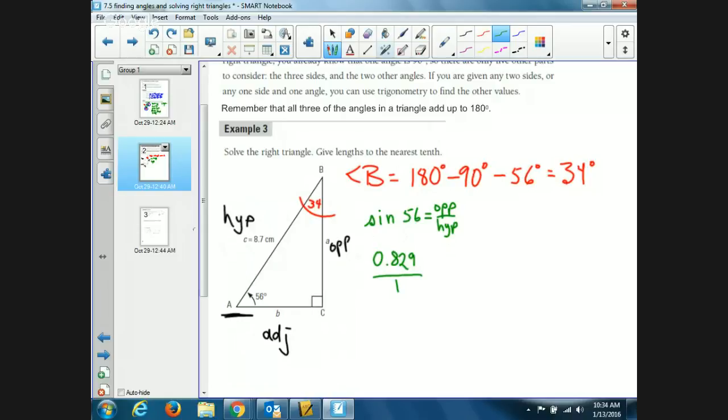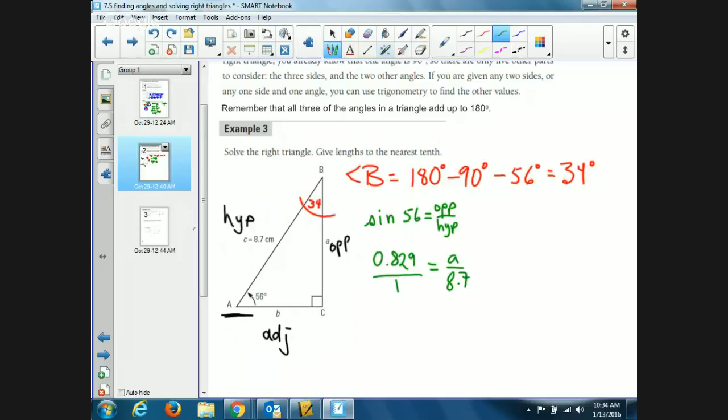In this particular case, similar triangles. So we're saying one side is the opposite, one side is the hypotenuse. We don't know the opposite. That's our letter A, and the hypotenuse is 8.7.